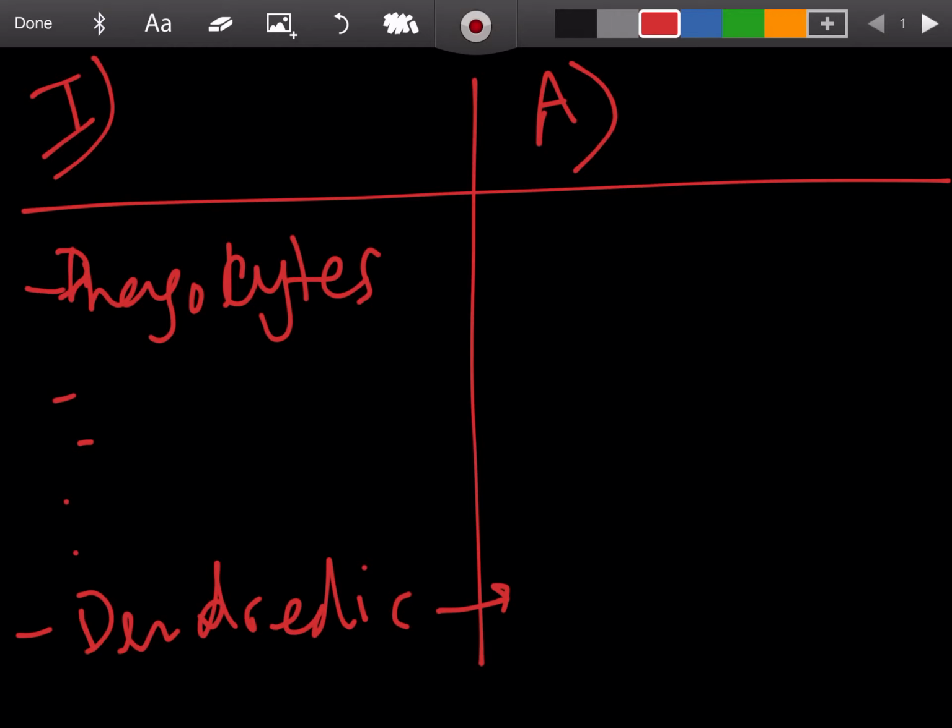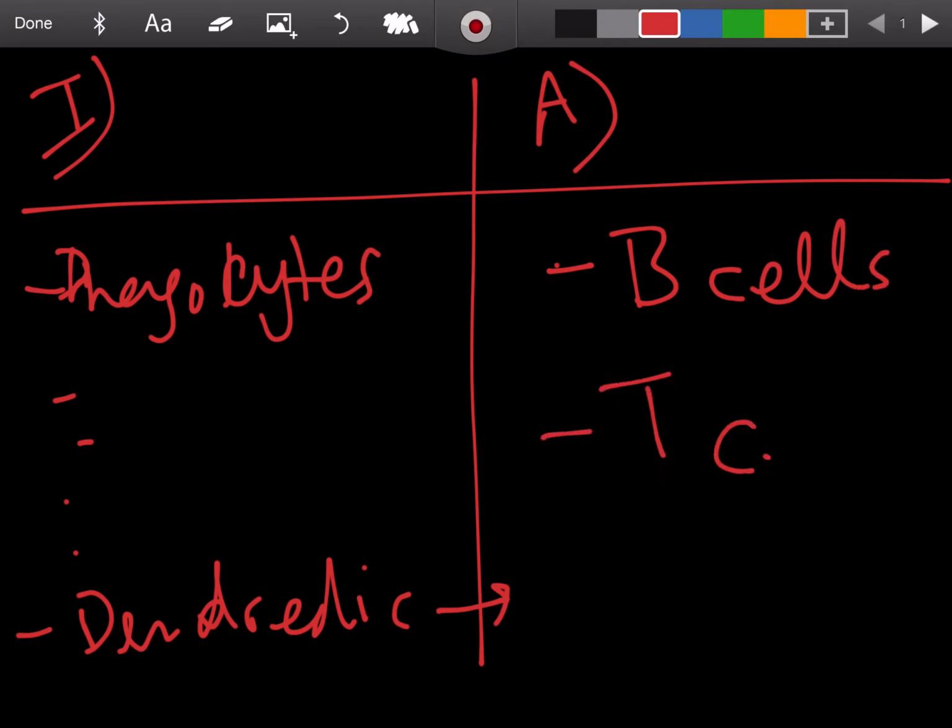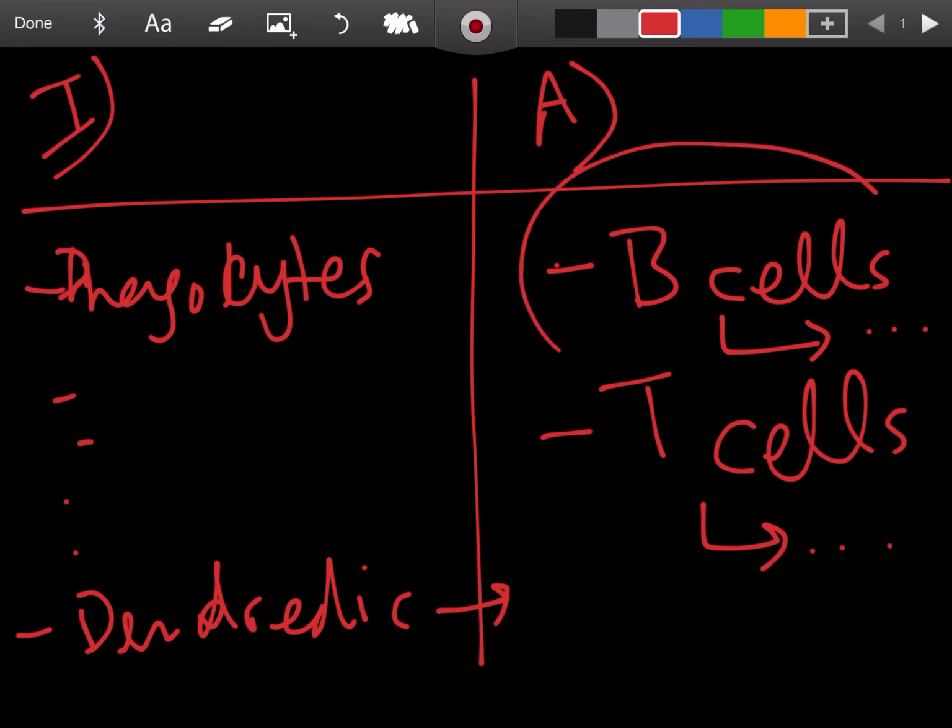Very broadly speaking, on the acquired side there are two types of cells: B cells and T cells. There are many subtypes of these involved in various functions, and there's a whole slew of coordination between both sides of the army that results in an immune response. But very quickly, the B cells are the ones that secrete antibodies.